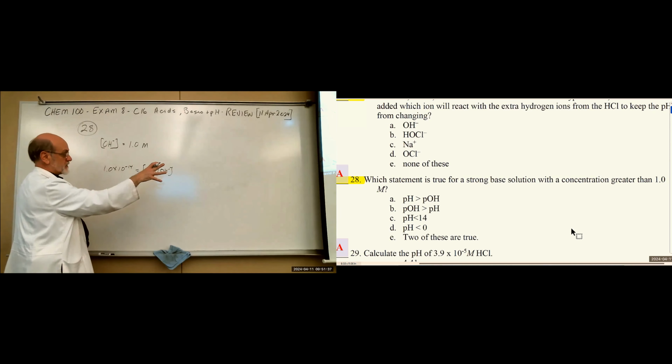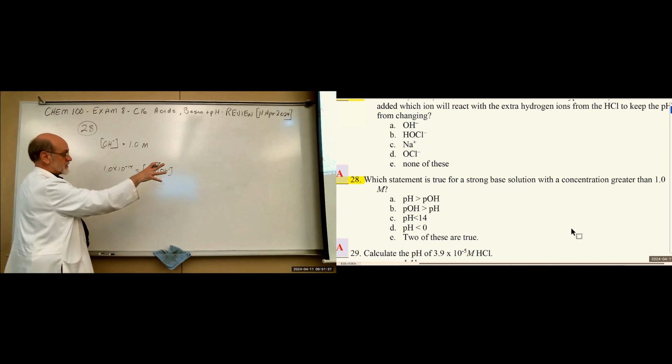So let's see, that'd be 1, this would be 6. And this would be, oops, I'm mistaken. This would be 3, right? That would be pOH would be 3.61.